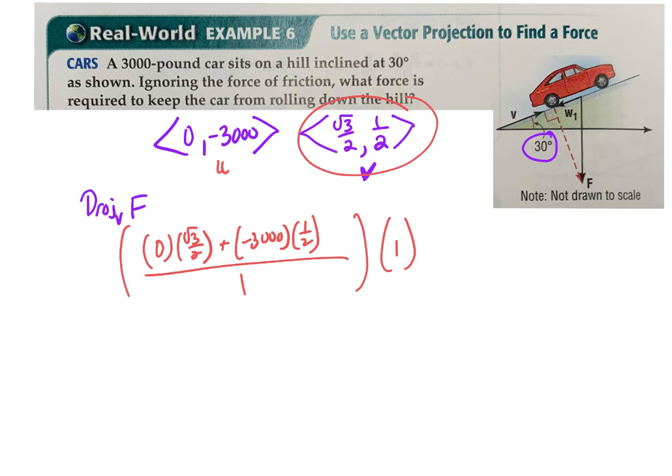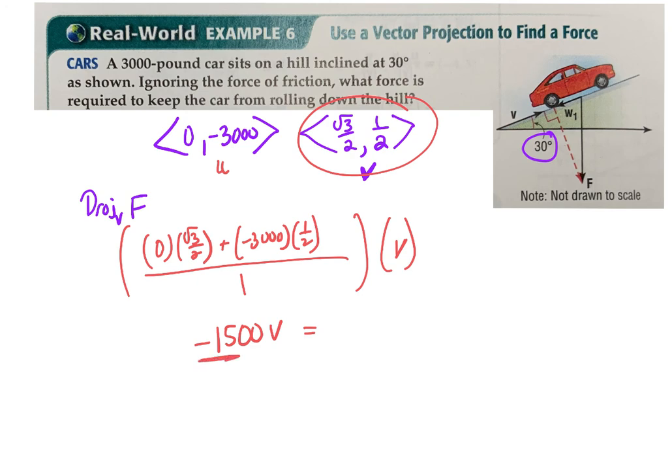So we end up with just 0 plus, what's negative 3,000 times 1/2? Negative 1,500 times my V here. Because my magnitude is just a 1, we're going to use the 1 there. So negative 1,500 times your 1. That means it's 1,500 pounds of force in the direction of the hill, which is sloping down.